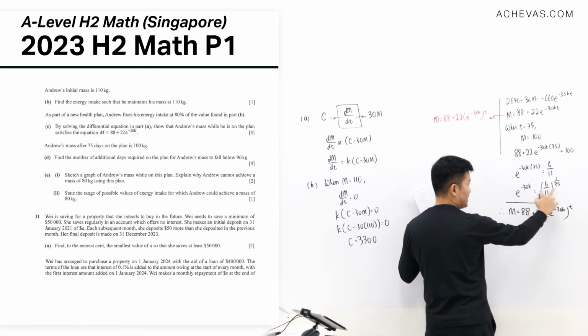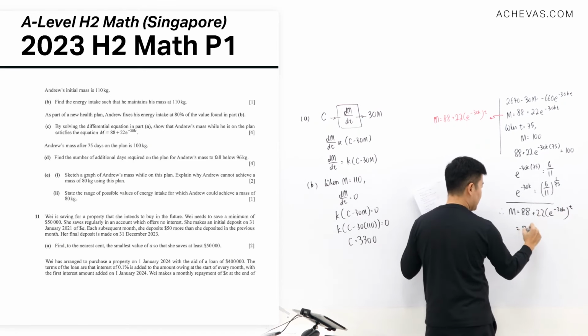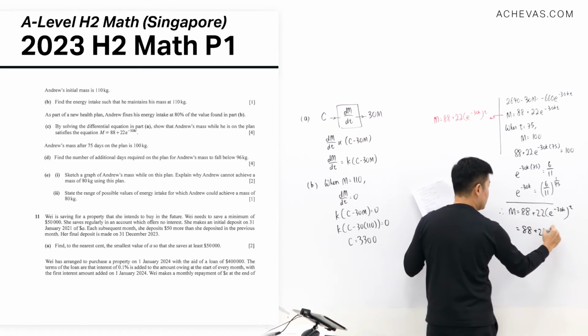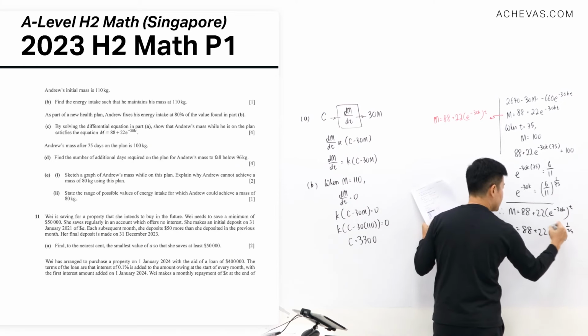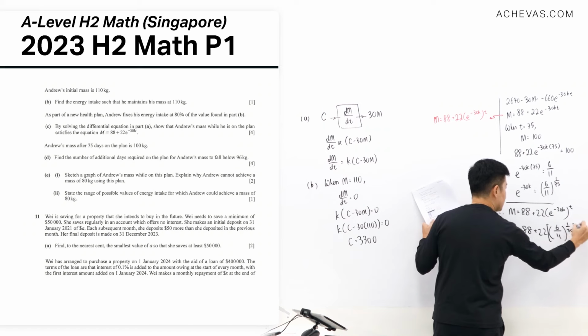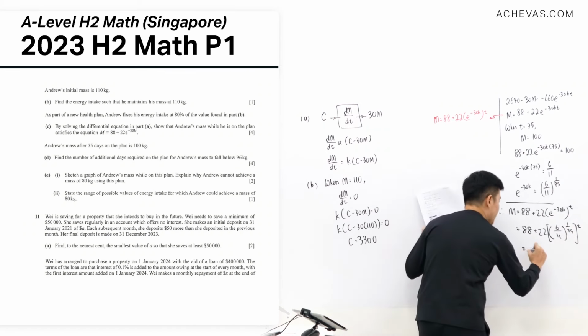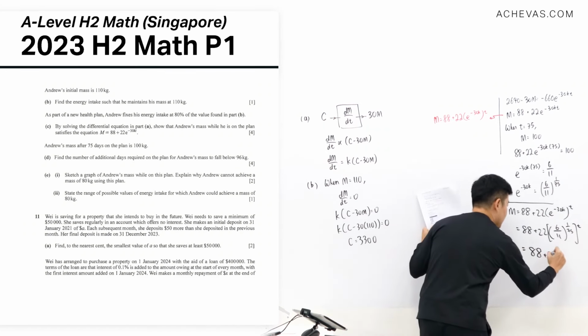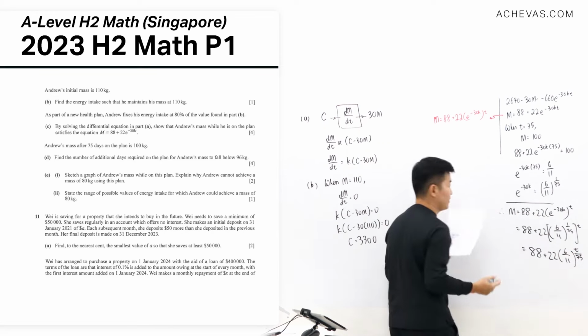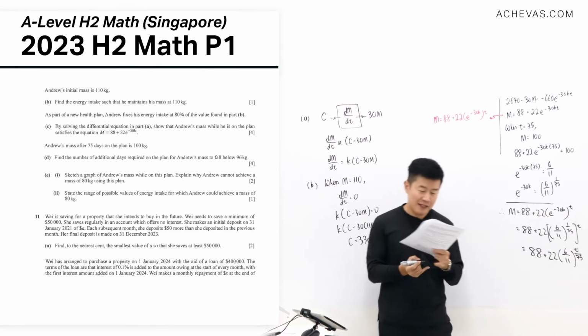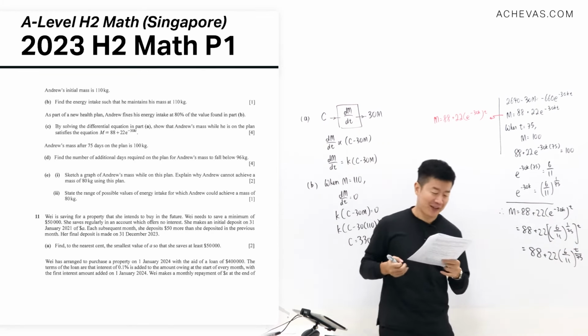Then I'm going to just replace this by this. So it is going to be 88 plus 22, here it will be 6 over 11 to the power of 1 over 75. And this is going to be to the power of t, which means that m is going to be 88 plus 22, 6 over 11 to the power of t over 75. You know, my whole process is a bit leaner, and I like it this way.